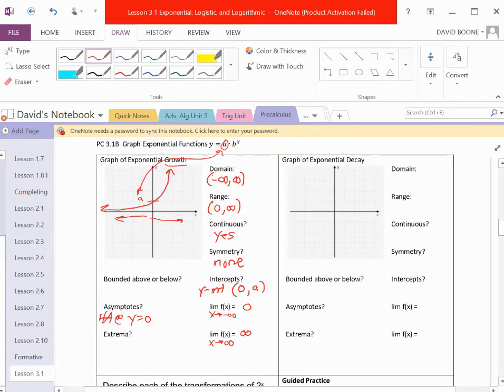It does have an absolute bottom to this, so this is bounded below.